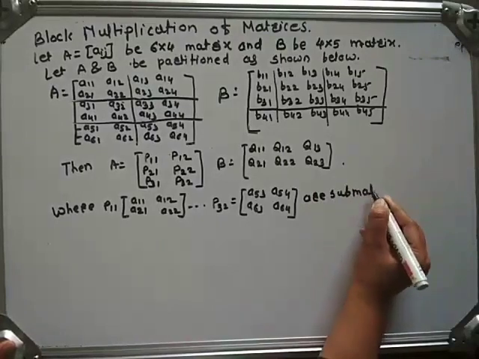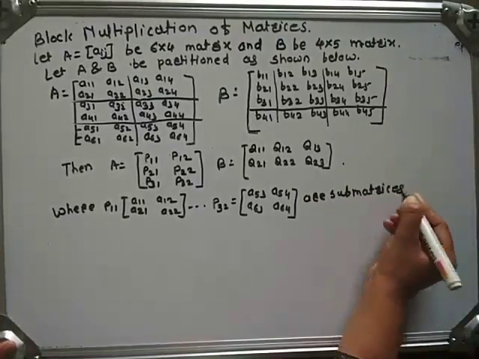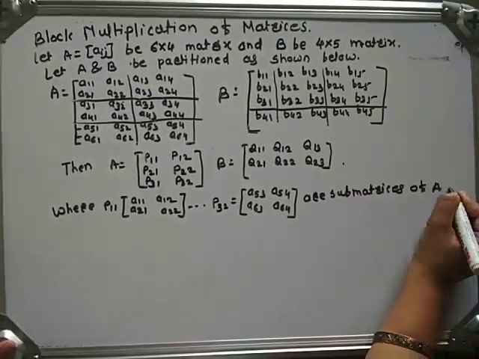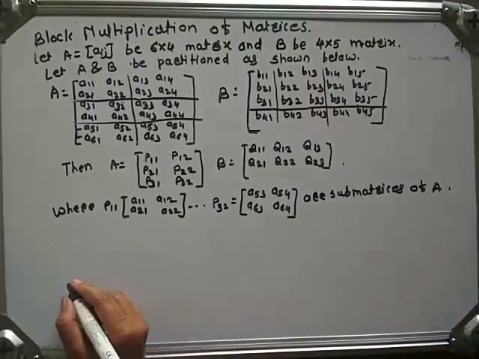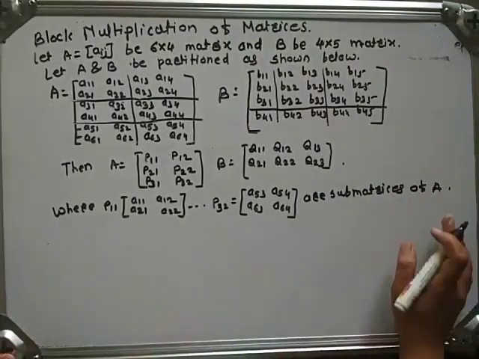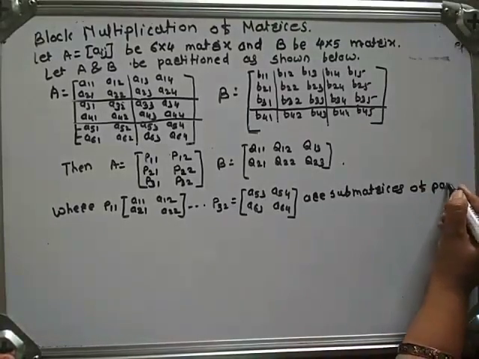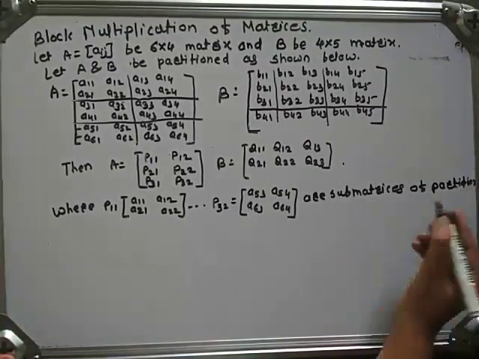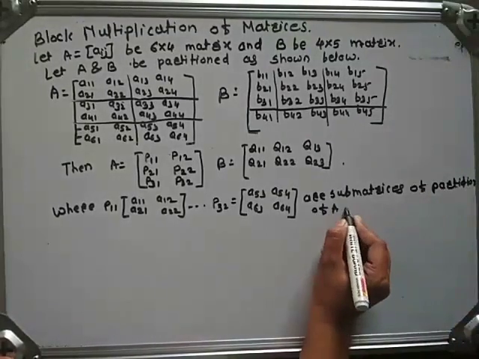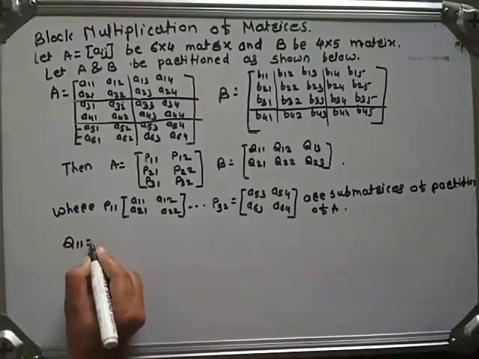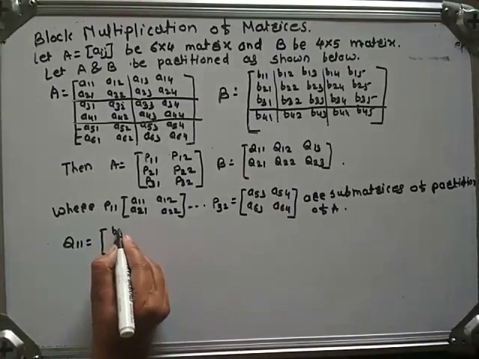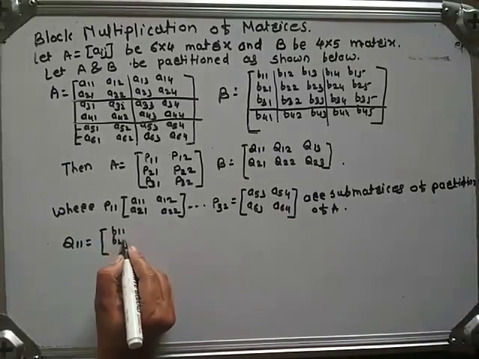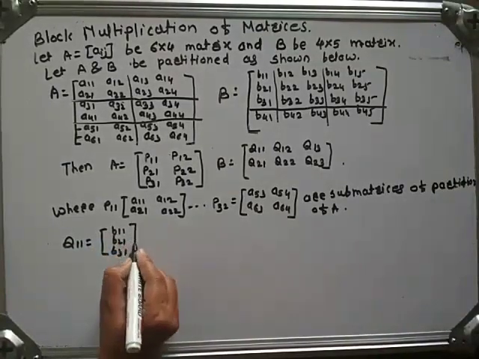Okay, these are the submatrices of the partition of A. And Q11 is equal to what? B11, B21 and B31.